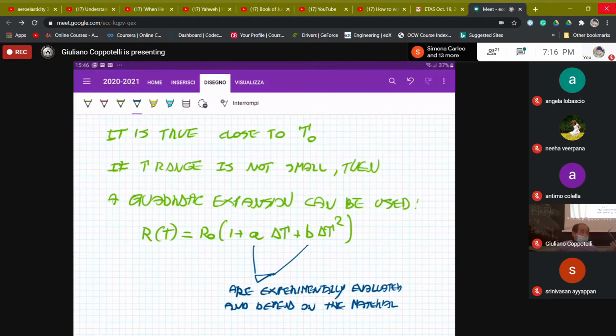Now we can have the dual effect. We can have an apparent temperature because there is a strain in your measurement.